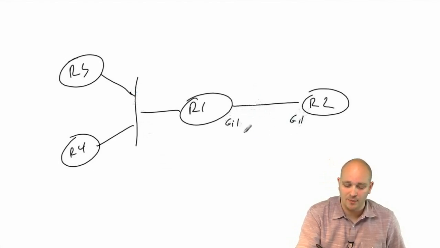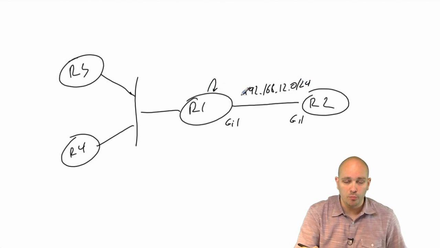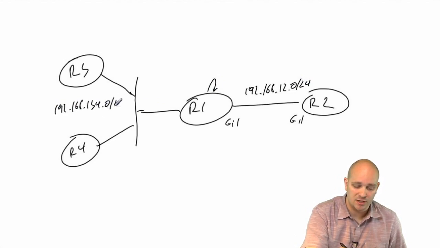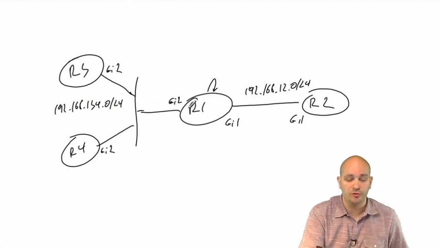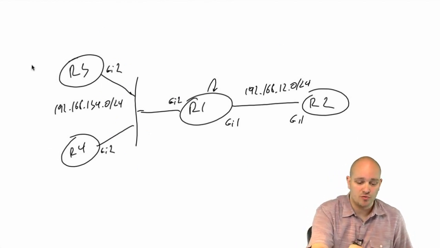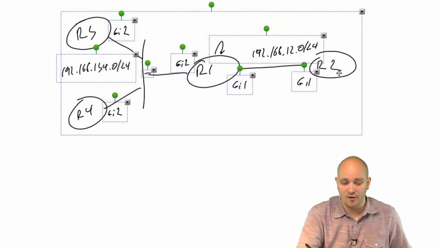This is gigabit interface 1, and 192.168.12.0/24 is the network there. We also had the loopback on R1, and this network here was 192.168.134.0/24. This was gigabit interface 2 on all three routers here. And as I say, everything here was running in area 0.